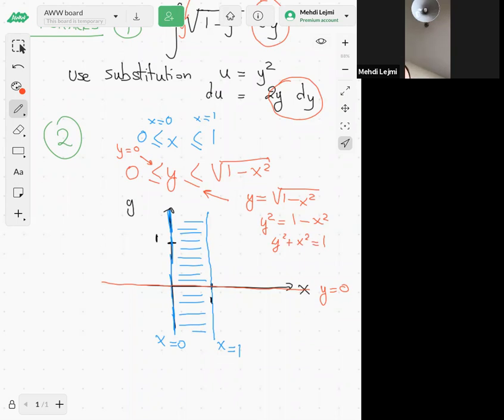So you have this circle. Of course, here y is equal to positive square root of 1 minus x squared, right? So your y should be positive. So it's going to be just the upper circle here, this one here, right? So this is where y is equal to positive square root of 1 minus x squared, right?